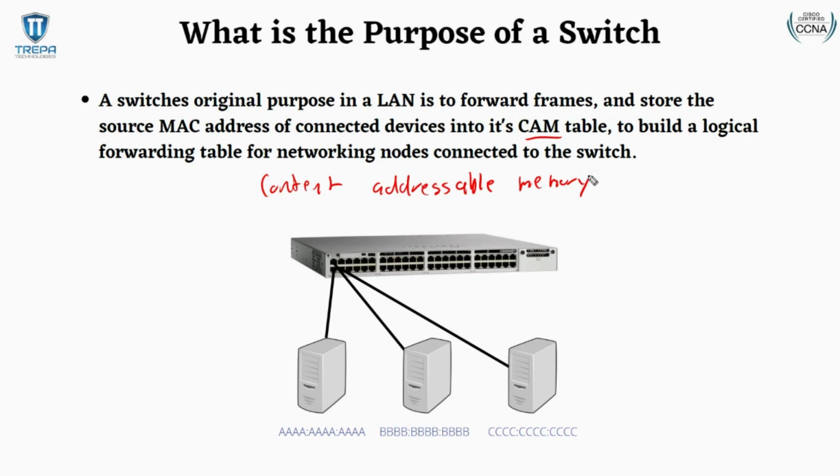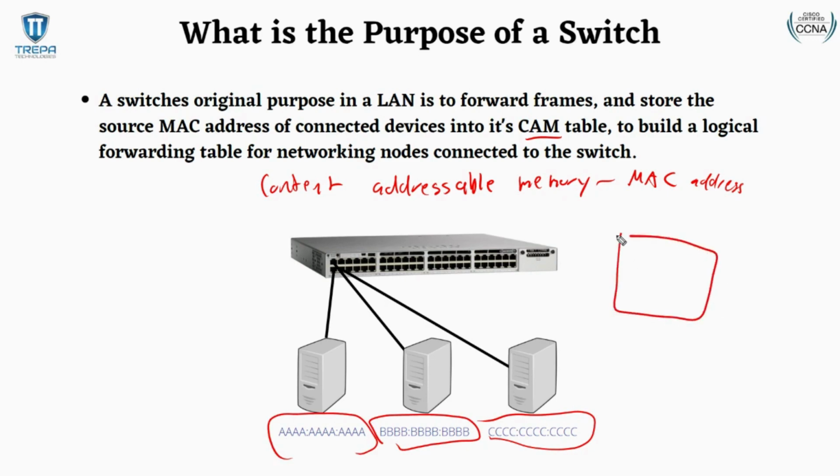Using this CAM table, the switch would build a logical forwarding table for all the networking nodes connected to the switch. The CAM table, otherwise known as the MAC address table, would be built from incoming traffic from all the endpoints connected. Then we'd build almost an Excel spreadsheet where we'd say, hey, on gig 0/1, we have MAC address AAA connected.